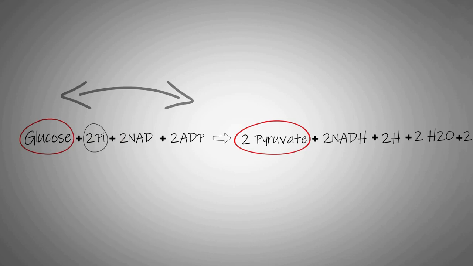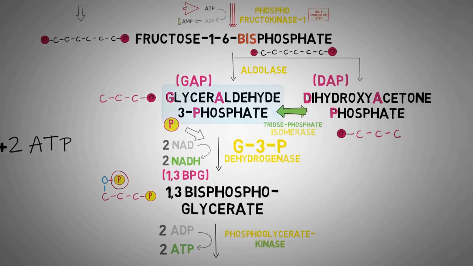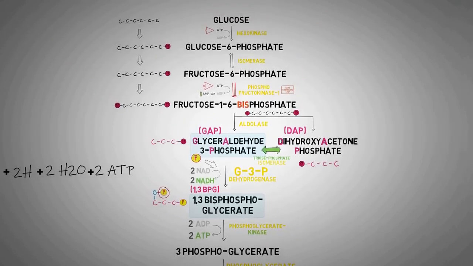They are used in the step when glyceraldehyde 3-phosphate is converted to 1,3-bisphosphoglycerate. You may be confused that only one phosphate is being used here, but please remember that we are essentially getting 2 molecules of glyceraldehyde 3-phosphate for every 1 molecule of glucose that enters the pathway of glycolysis.